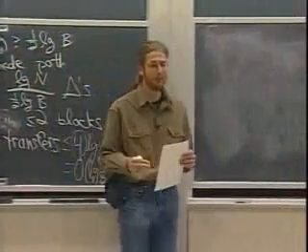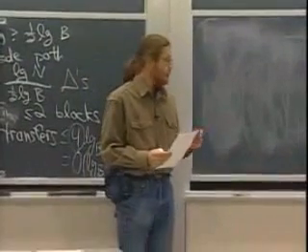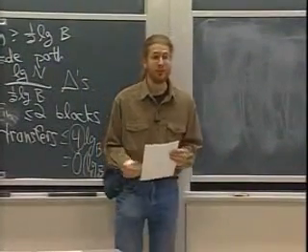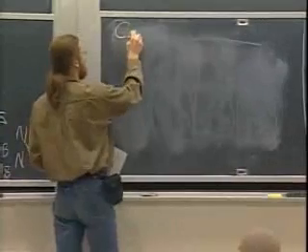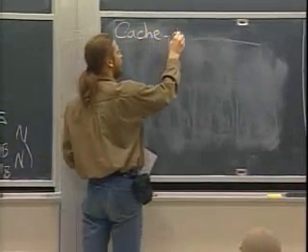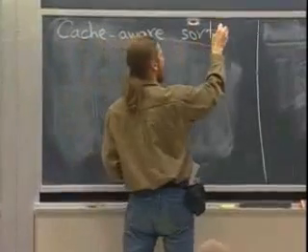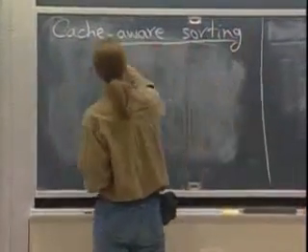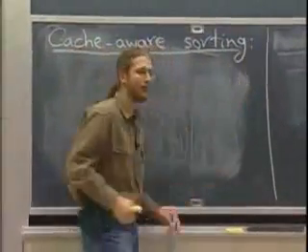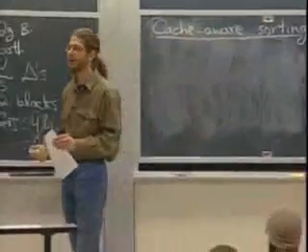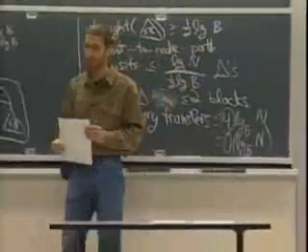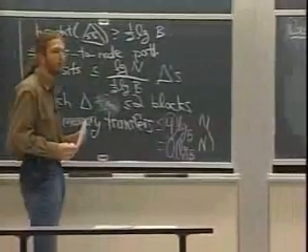The version we got last week was pretty easy. But before I go to cache oblivious sorting, let me talk about cache aware sorting, because we need to know what bound we're aiming for. And just to warn you, I may not get to the full analysis of the full cache oblivious sorting, but I want to give you an idea of what goes into it, because it's pretty cool, I think.